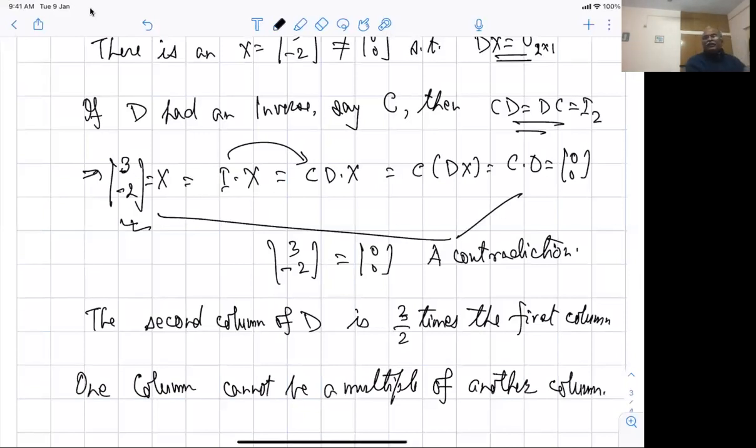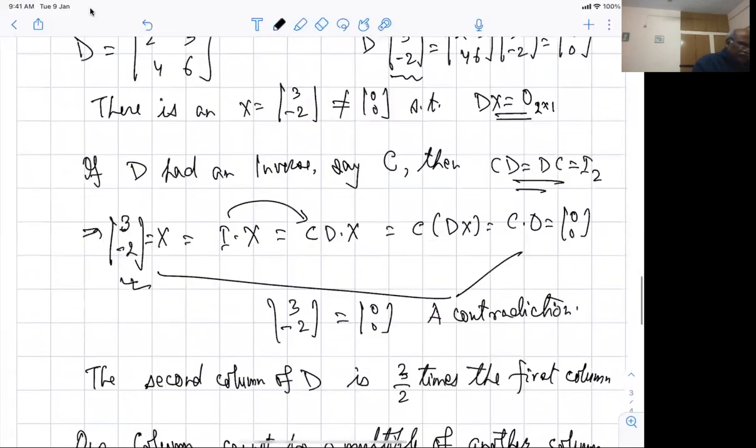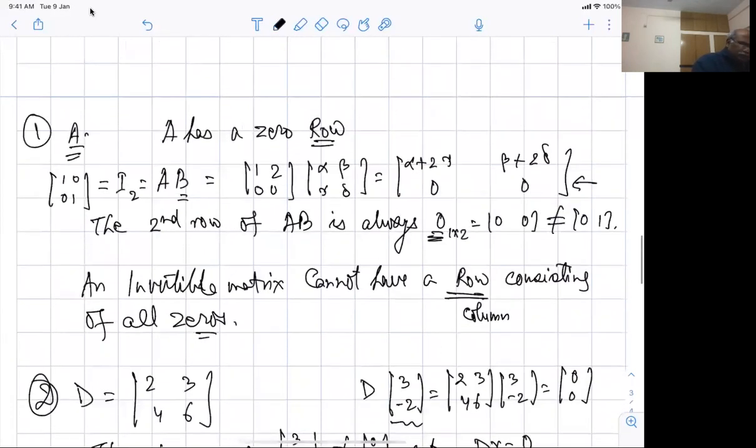Fine. The third example that I have taken now is slightly different, which is a 3 by 3 matrix. So this was your second example, D, and this was the first example.